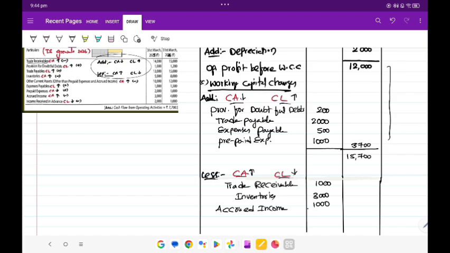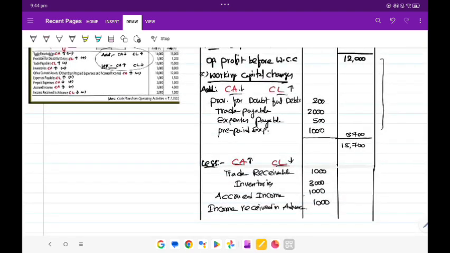Next, income received in advance is also 1,000. All these are differences only that we should take. So the total I am going to deduct is minus 6,000.